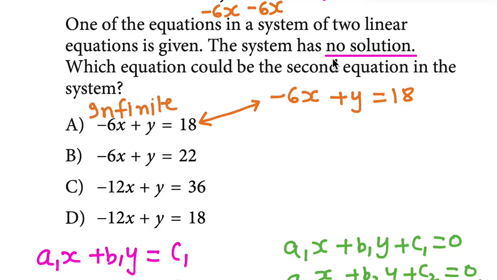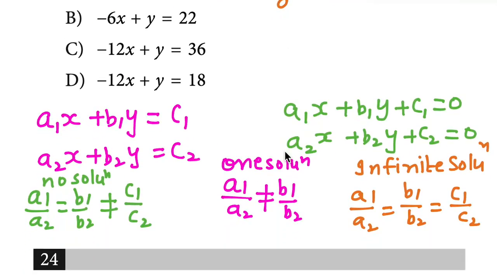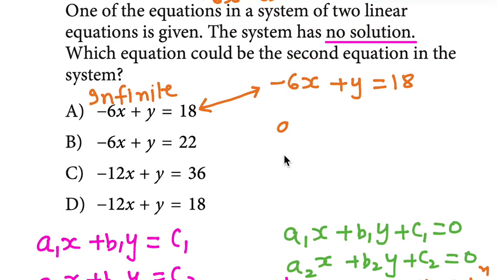But we need no solution. So a1 upon a2 should be equal to b1 upon b2 and should not be equal to c1 upon c2 as per the rule. So let's see the second option. a1 upon a2 is 1, b1 upon b2 is 1.